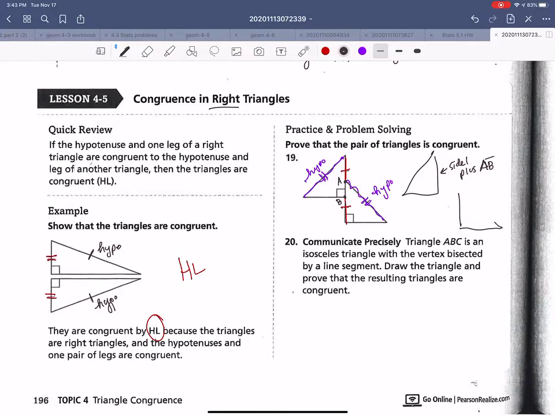And then if I look at this triangle, this side is also equal to side 1 plus AB. So both sides of that triangle are equal, and those are legs. Right? And my hypotenuses were equal. That was given. And so this I'm going to have to say is HL, right triangle congruence.